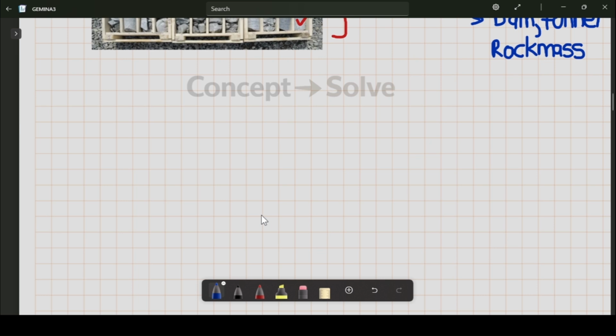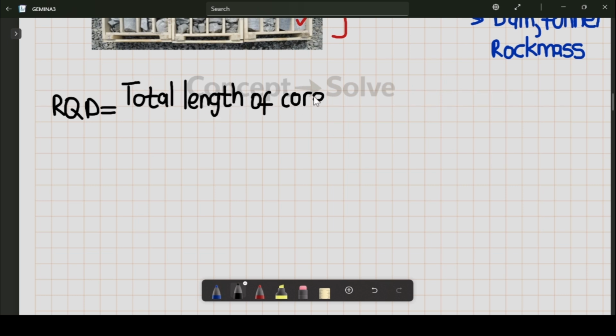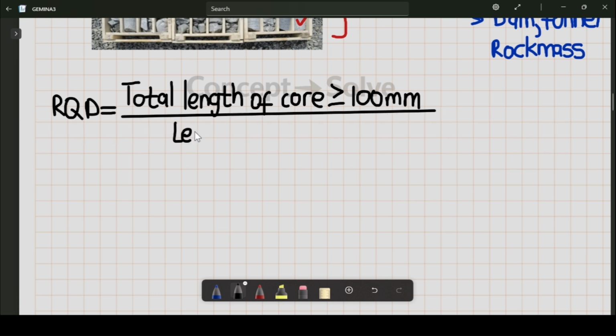The mathematical representation of RQD would then be RQD equals total length of core greater than or equal to 100 millimeters over length of core times 100.